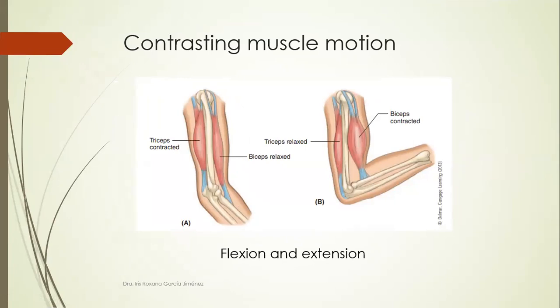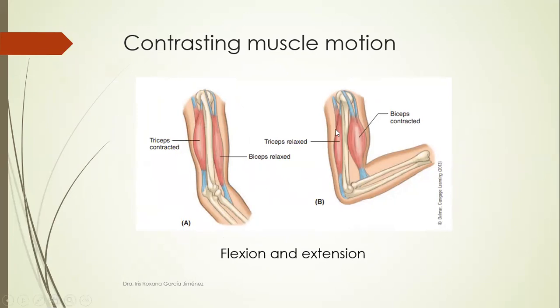When we talk about contrasting muscle motion, we are just considering the body movements, flexion and extension. We know that the triceps contracts and the biceps relaxes for making the extension of the arm, and the flexion of the triceps.